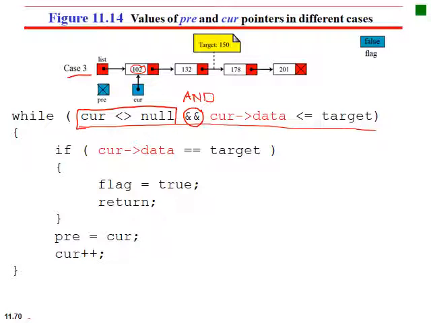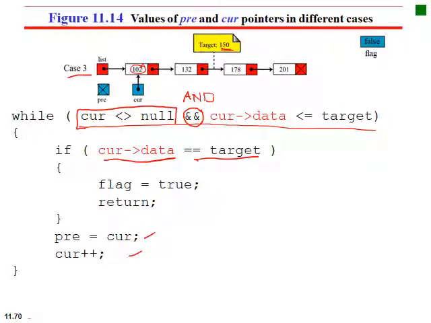And 102 is still less than or equal to 150, which means we can continue to find. If that is the case, now check, is current data, in other words the 102 over there, equal to target, which is 150? No, 102 is not, so we advance the pointers.